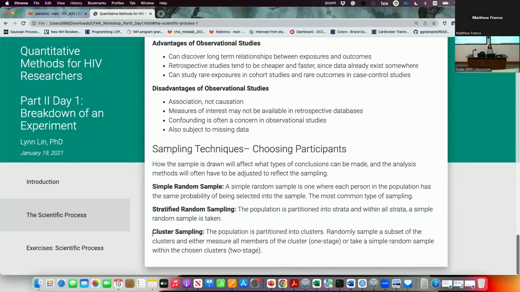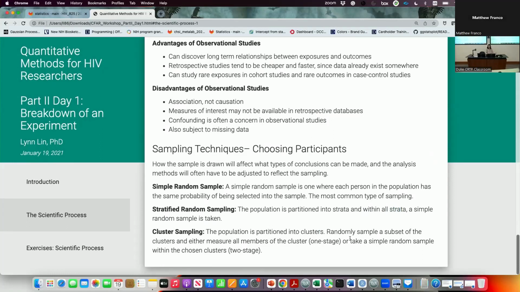And then there's another type of sampling, which is called cluster sampling. Again, if you look at the definition, they are quite similar. The population is partitioned into clusters, and you can think of these clusters as a similar concept to the strata. But the difference is how we take the random sample. Before, we took a subset of the people from each stratum.